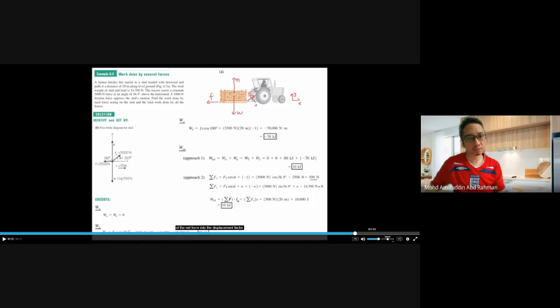It doesn't matter which way, but the first one is easier because you already calculated all of that, so it is easier to do approach number 1. So that's the example on the total work.